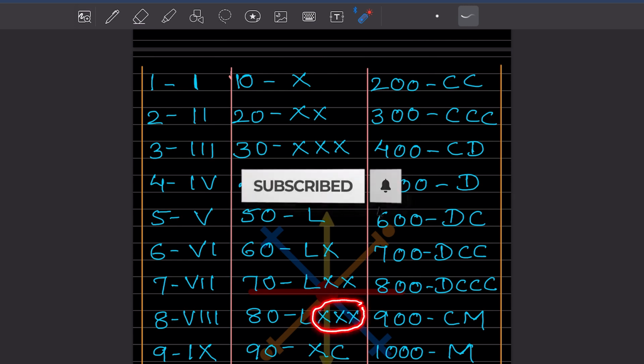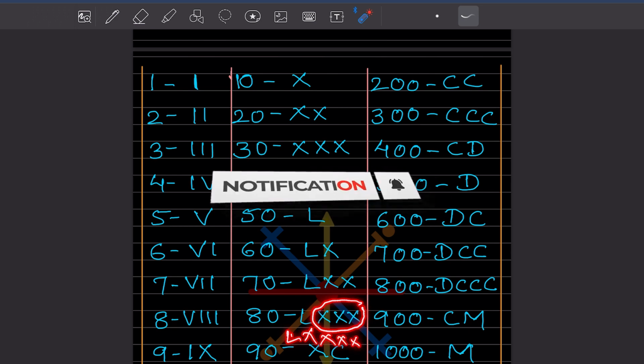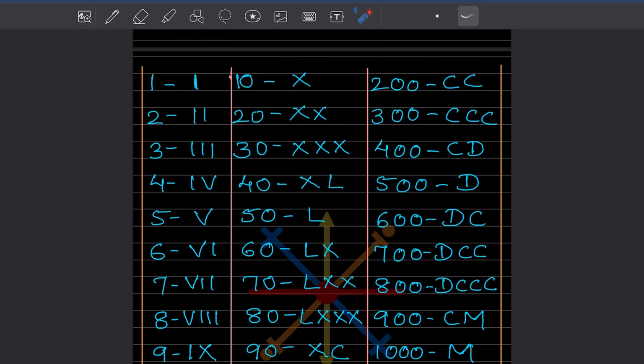Now look after this one. We cannot write LXXXX for 90, because again we cannot repeat the same symbol more than 3 times. So 90 will be XC and 100 is going to be C. 200 is going to be CC, 300 is CCC.